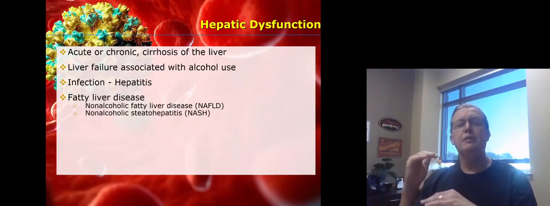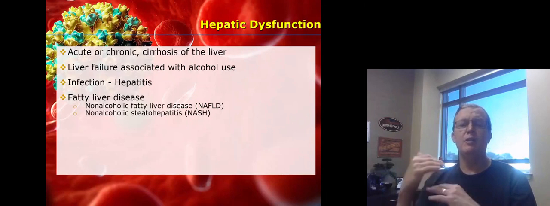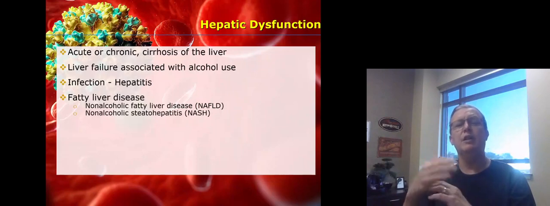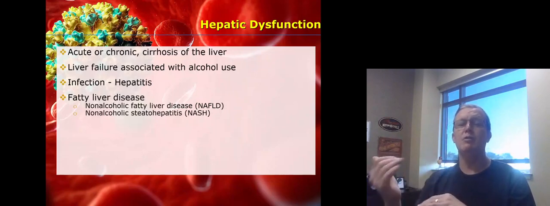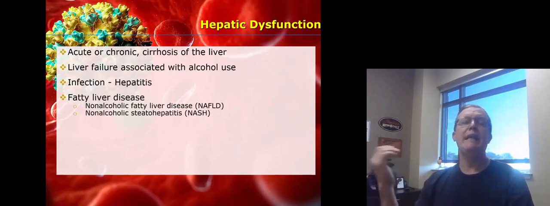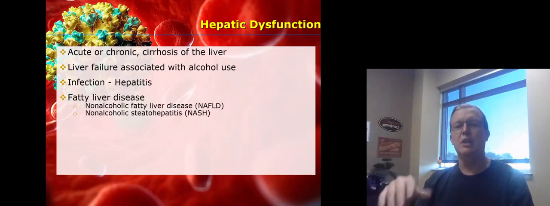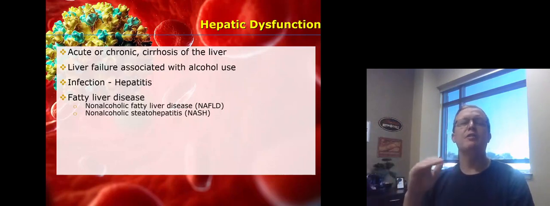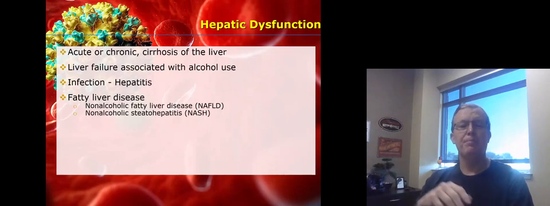Now, often cirrhosis can be caused and is caused by alcohol use. So there's a direct connection to liver failure associated with alcohol use. That's true. However, cirrhosis can happen from other causes, such as viral infections, such as hepatitis, which is an actual infection of a virus that affects the liver.